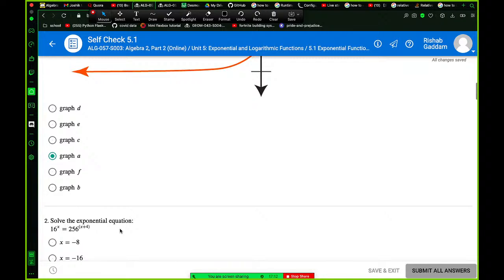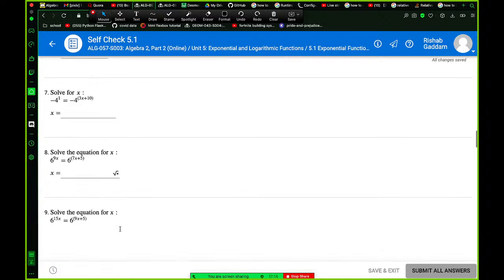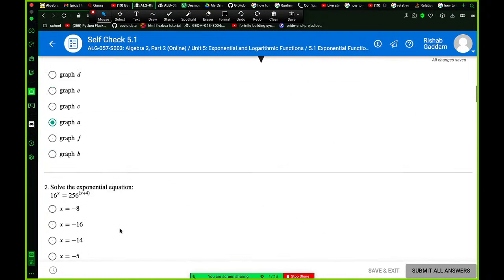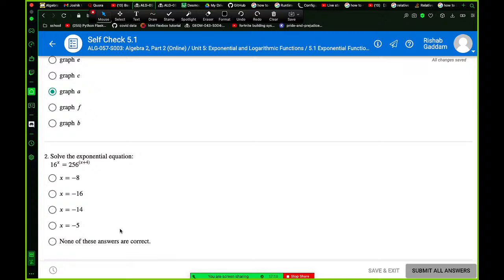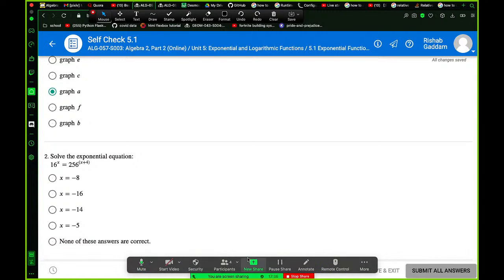Which graph corresponds to the following equation? Looks like I already did that first one for you guys. So yeah, let's get on to doing this stuff. Solve the exponential equation. 16 to the power of x equals 256 to the power of x plus 4. Okay, it seems like these are actually some good problems now, instead of being too hard or too simple.